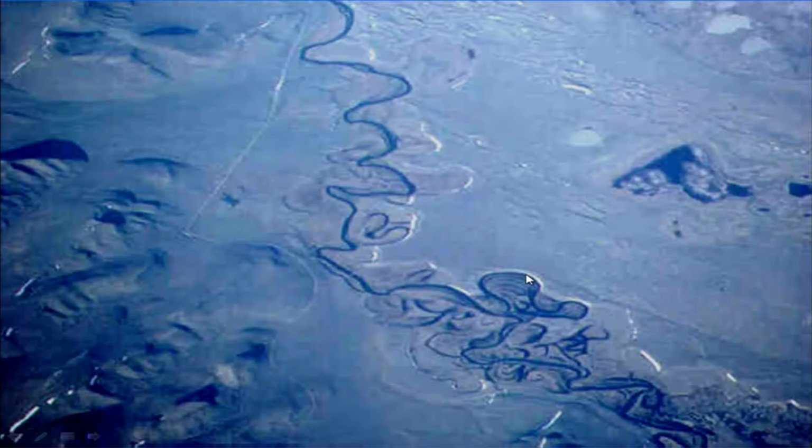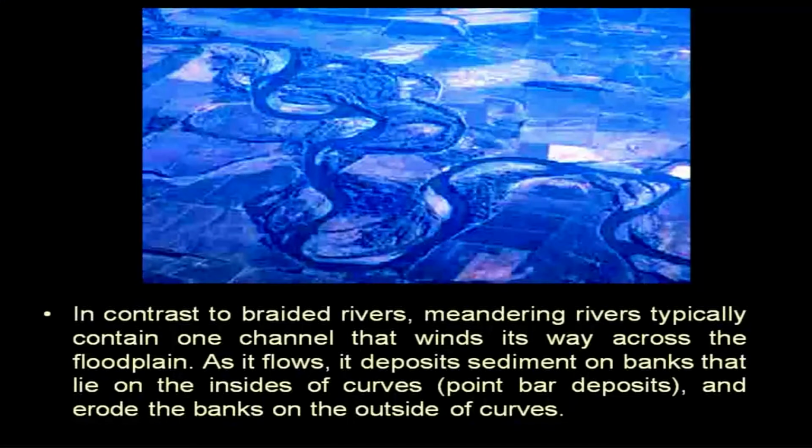This is the best example of the meandering channel. In contrast, we will be talking in the next slide about the braided rivers. Meandering rivers typically contain one channel that winds its way across the floodplain.